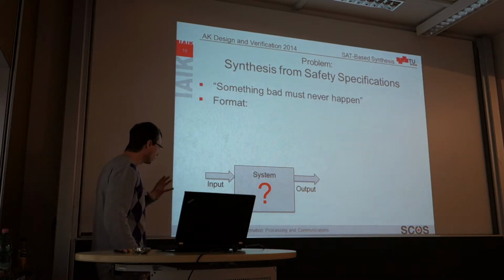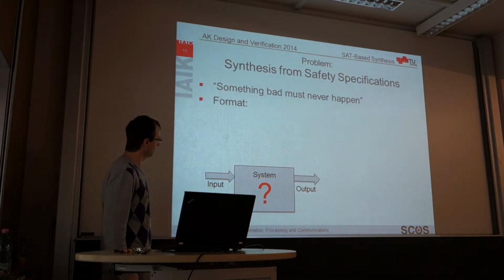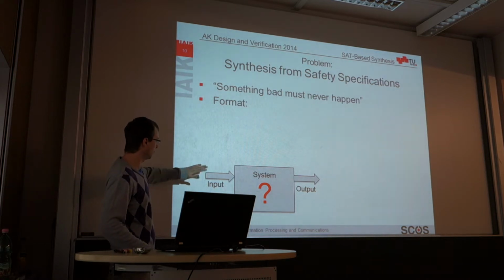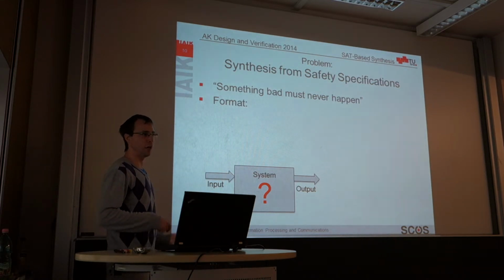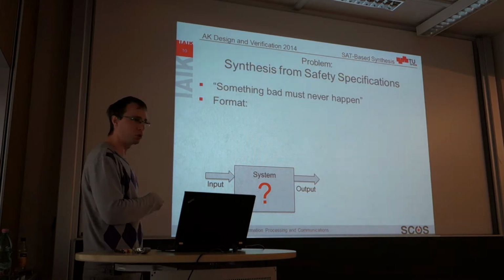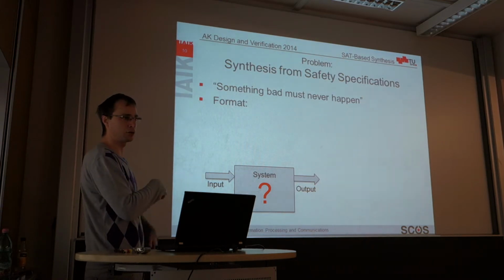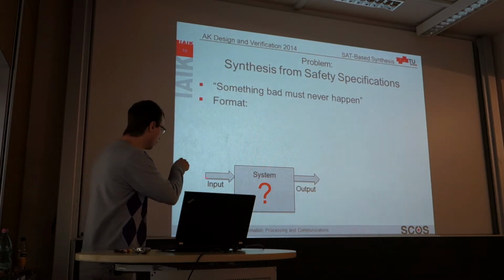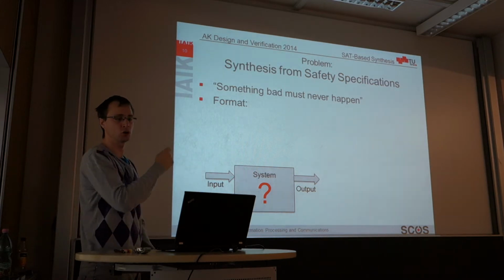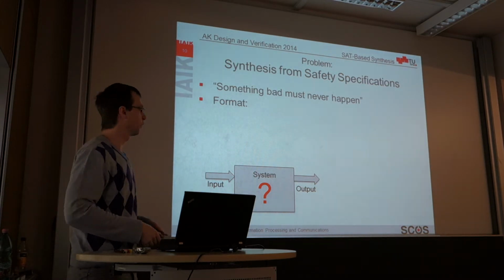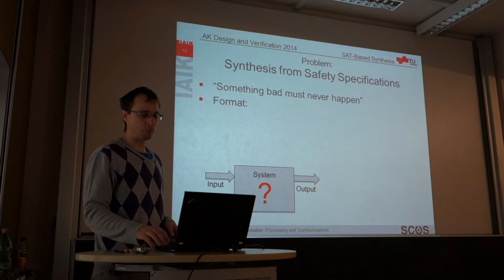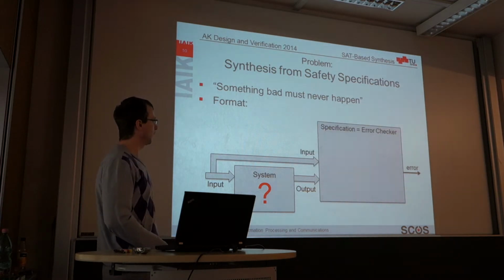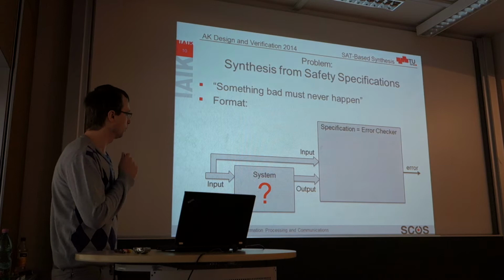So we want to synthesize reactive systems which work as follows. They have inputs and outputs, and in every time step they read input values and produce output values. Then in the next time step they read the next input, produce the next output, and this is repeated forever. Now, our specification for this lecture will look as follows.